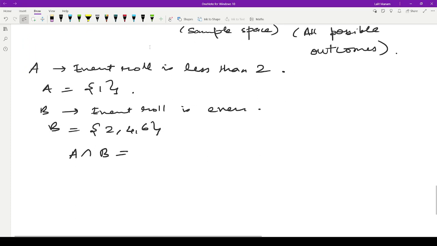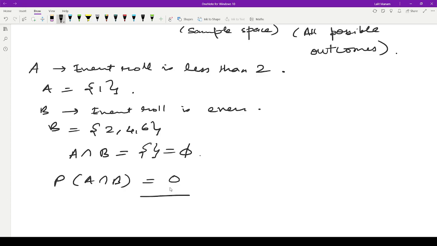So given this, A intersection B is the empty set, or we can call it phi. Given that A intersection B is empty, the probability of A intersection B will be 0. So the answer is option C.